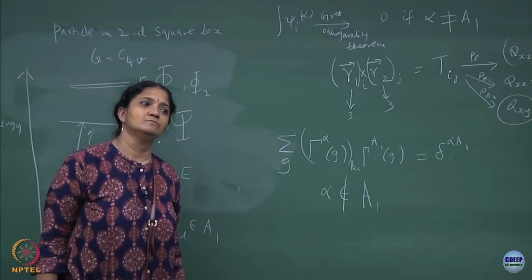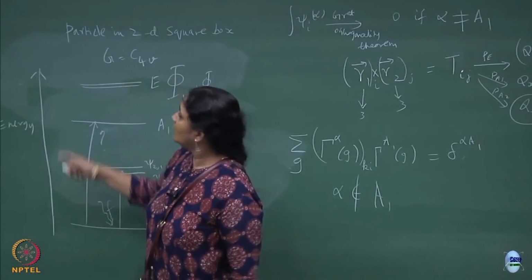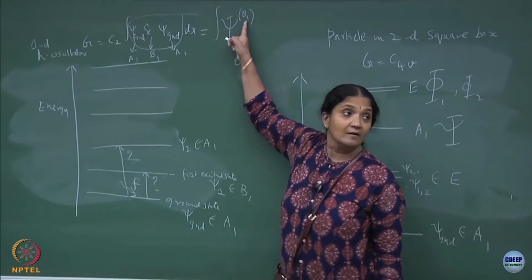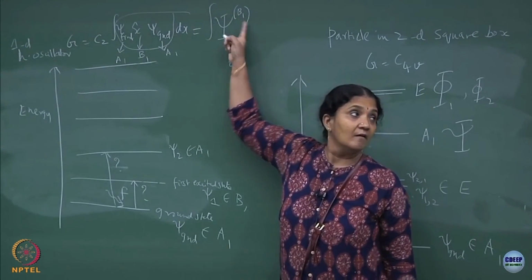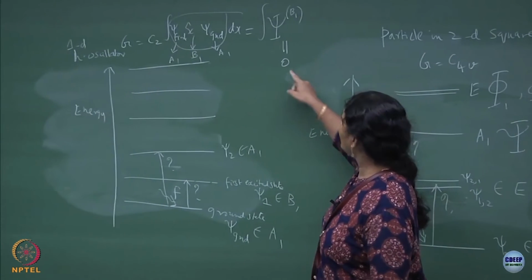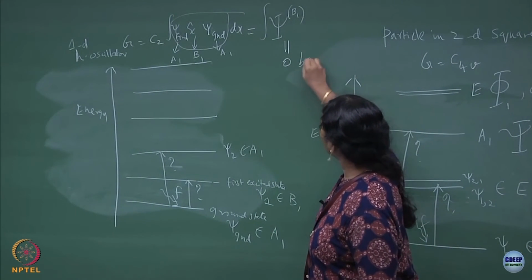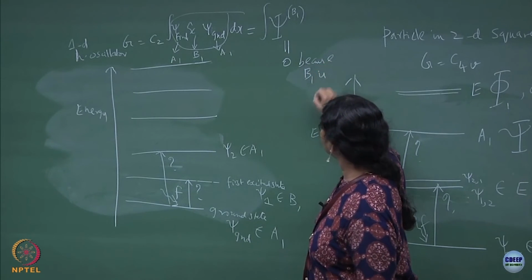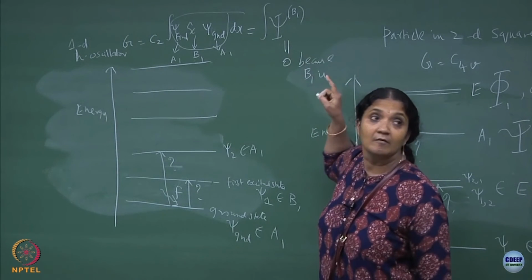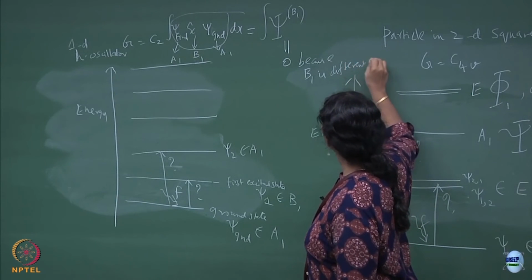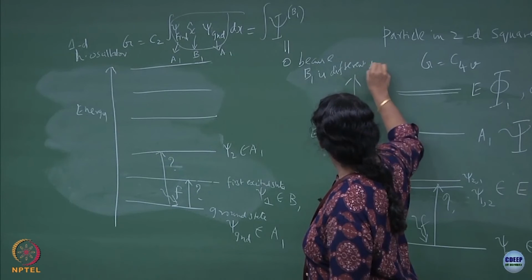Clear? So, that is why this combination when I do, I get a B1, and invoking that line, I will say that this will be 0 because B1 is different from A1, right.